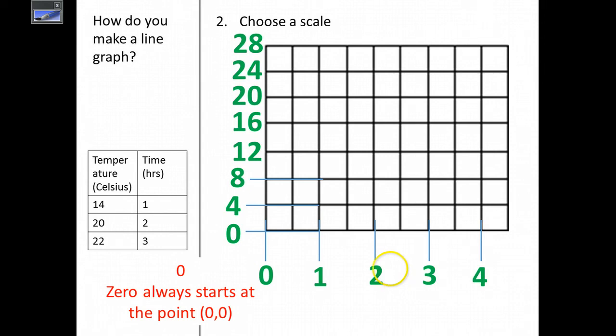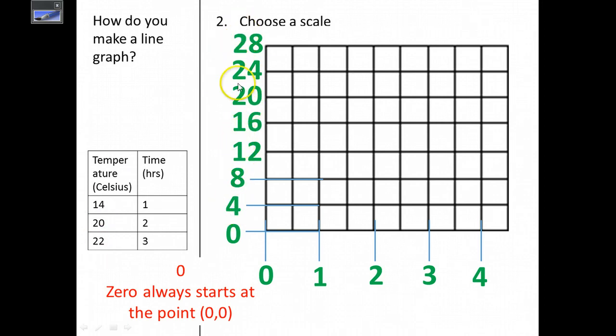numbers like this. Because if we go 1, 2, 3, 4, if we go one number every 2 lines, we can tell where half an hour is. We could tell where 1.5 hours is. We could even tell where 1 hour and 15 minutes is. It would be right here. And then on the y-axis, we could go every 5, every 2, but if we go every 2, we're going to run out of numbers.